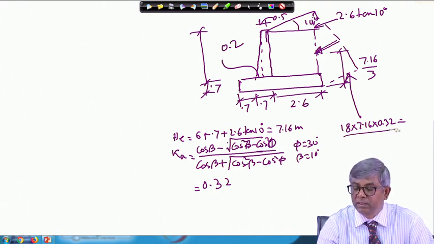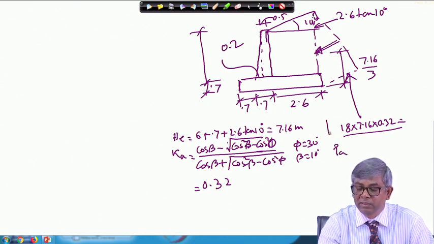So, this will be the pressure, and now I can find out P A. This is the intensity of pressure P at this point.